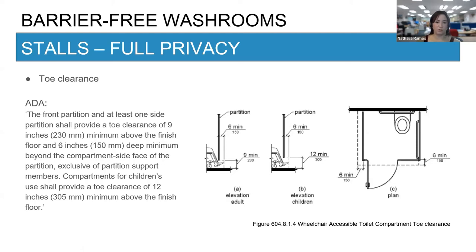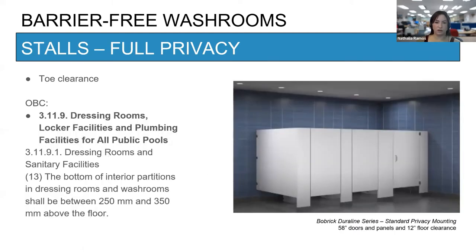So what we have in the OBC right now regarding toe clearance is when you are designing a project for a public pool. As you can see here, in section 3.11.9.1, dressing rooms and sanitary facilities, the bottom of interior partitions in dressing rooms and washrooms shall be between 250 and 350 millimeters above the floor.